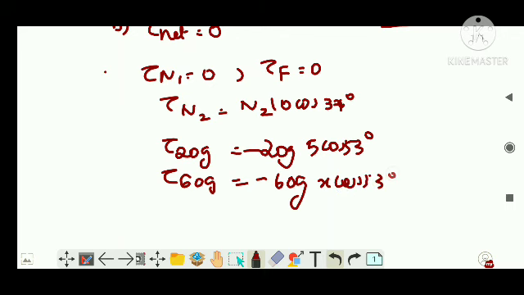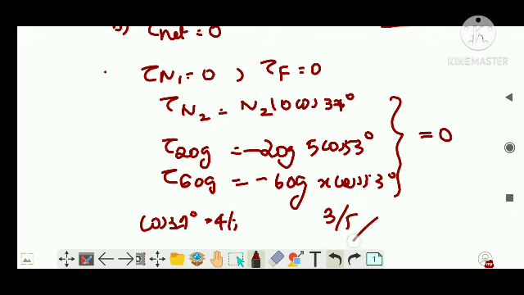Now when I add these three torques, I will get the sum 0. By calculation you can find the x value, very easy. You just have to equate it, with cos 37 degree being 4 by 5 and cos 53 degree being 3 by 5. Calculating, you will get x is equal to 9 meter.